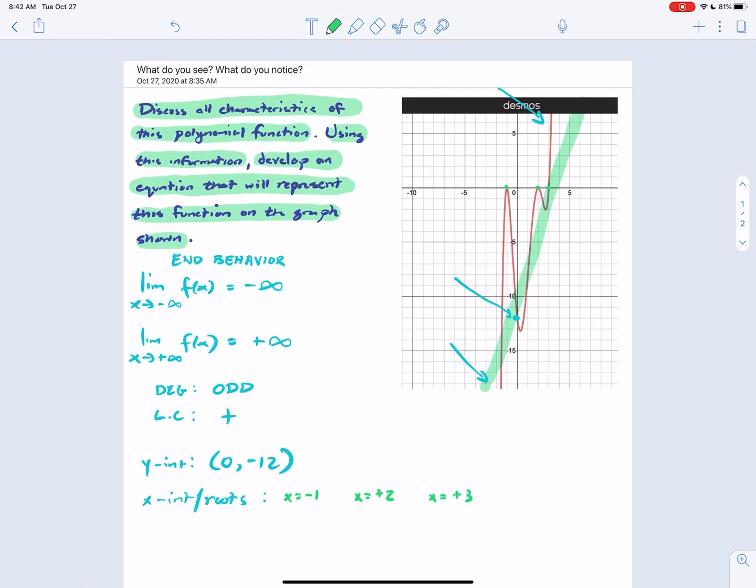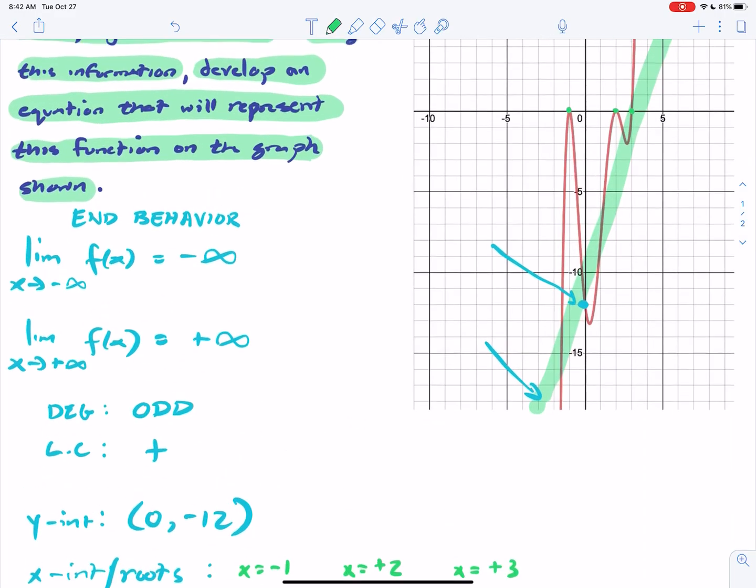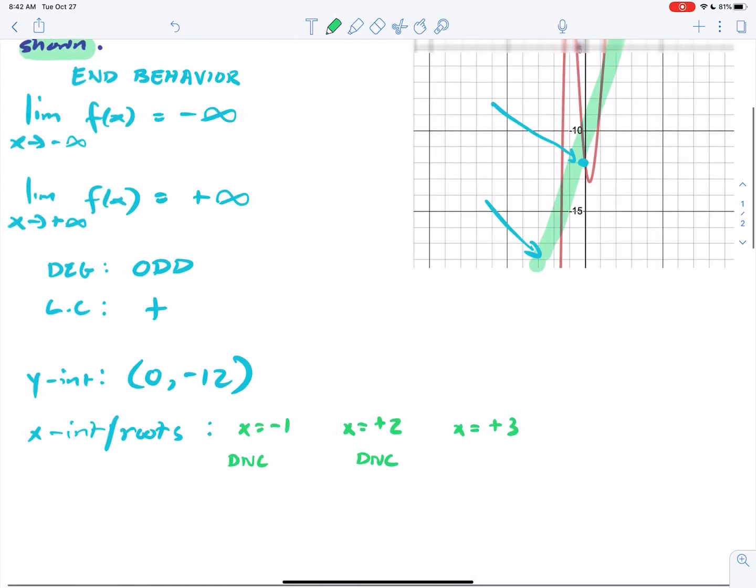But I did notice that at negative 1 and at positive 2, they did not cross. Notice how the graph kind of just touches it and then turns right back around. But at 3, it cuts right through. It crosses. So I go back to my notes.